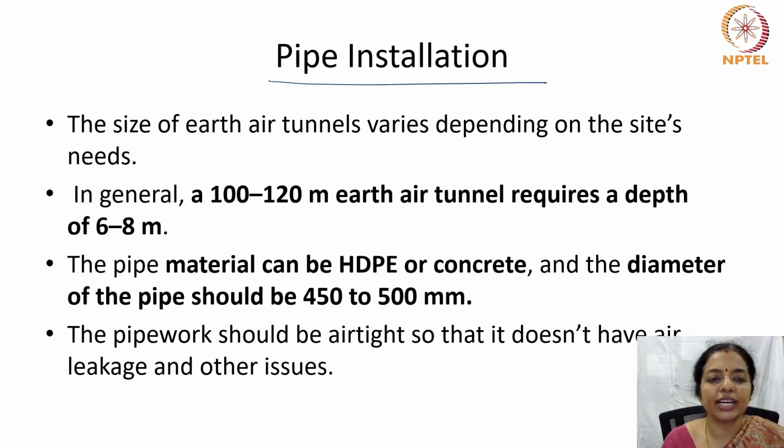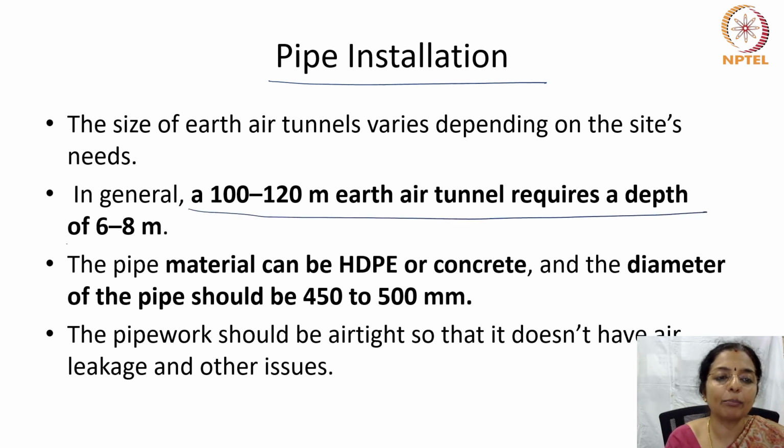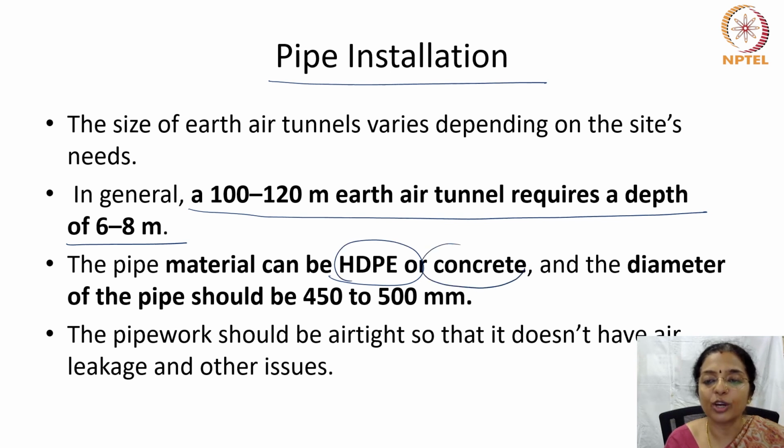In general, a 100 to 120 meter earth-air tunnel requires a depth of 6 to 8 meters. The pipe material can be HDPE or concrete, and the diameter of the pipe should be approximately 450 to 500 mm. These are all thumb rules that I am telling.